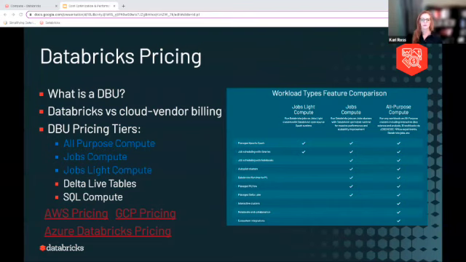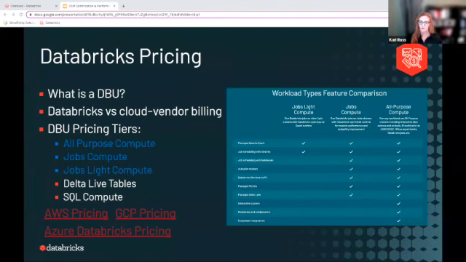So pricing. There's two main components, as we said. There's the DBU and there's the vendor billing. So for what a DBU is, it's a Databricks unit. One instance running for an hour is an instance hour. And you also have that processing power that you have running on the VMs.